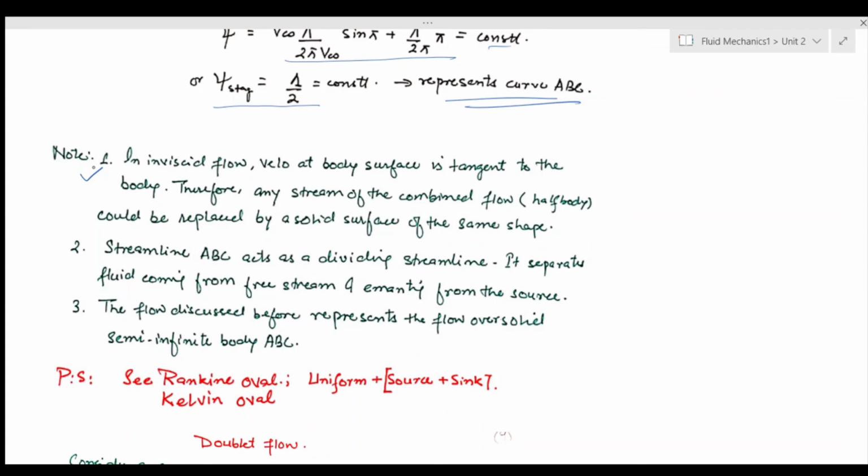Therefore, any streamline of combined flow could be replaced by a solid surface of the same shape.